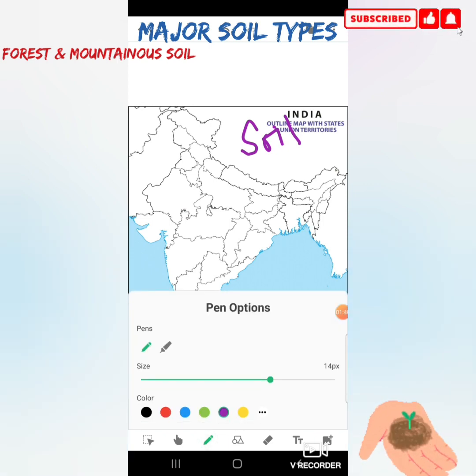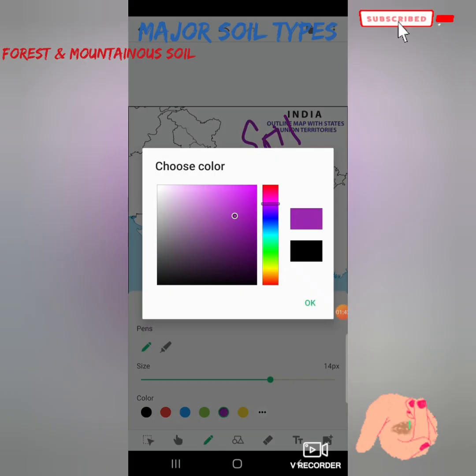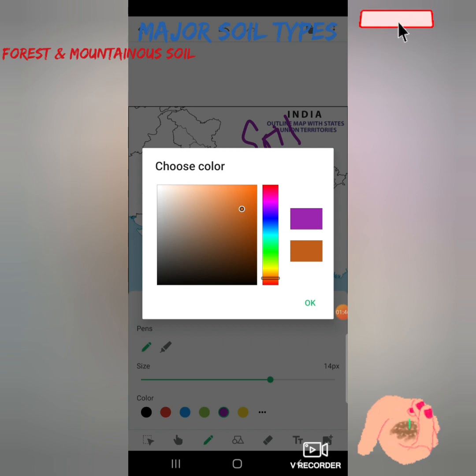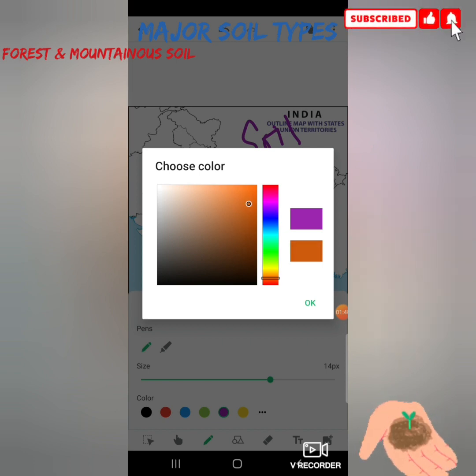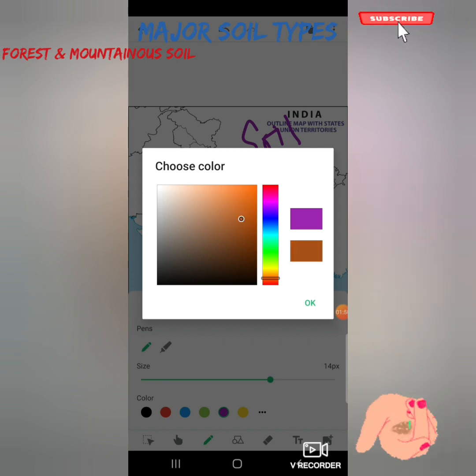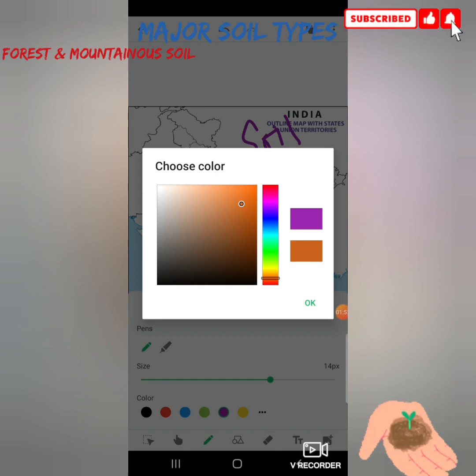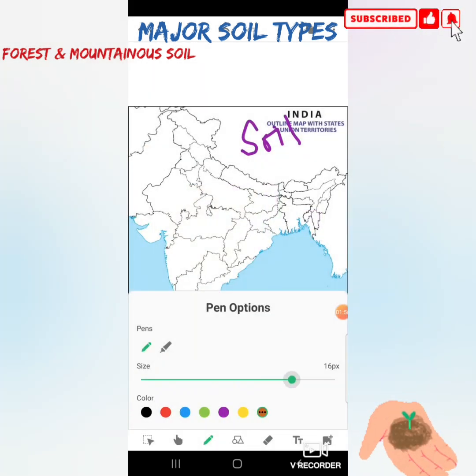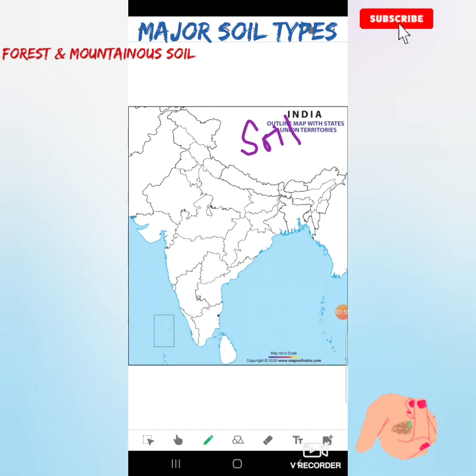For forest and mountainous soil, I will choose a color that is brown. Dear viewers, we cannot choose any random color. We have to be very specific in choosing the colors. So, here I have taken the brown color and we will go with the forest and mountainous soil.